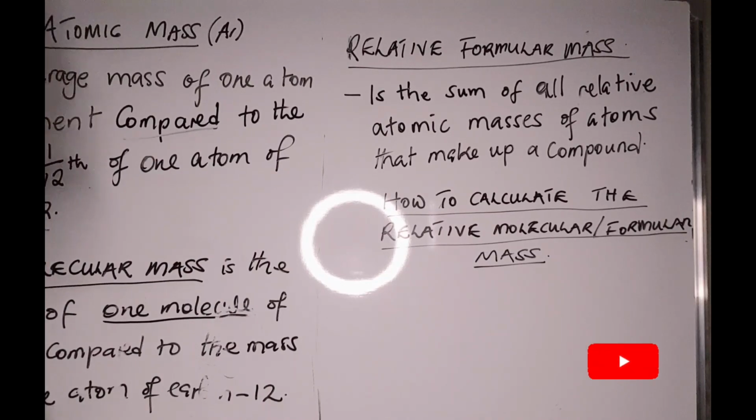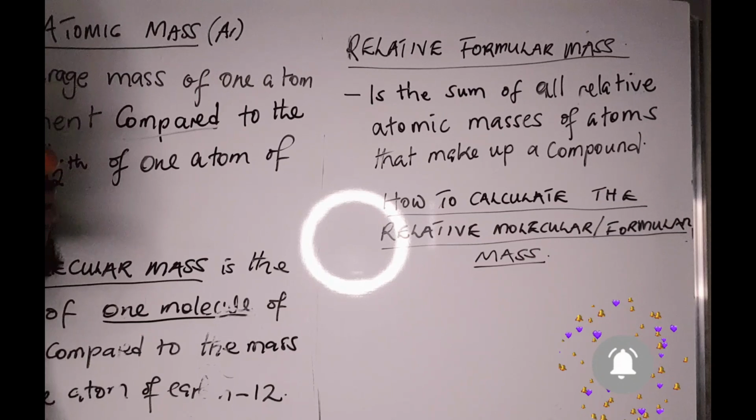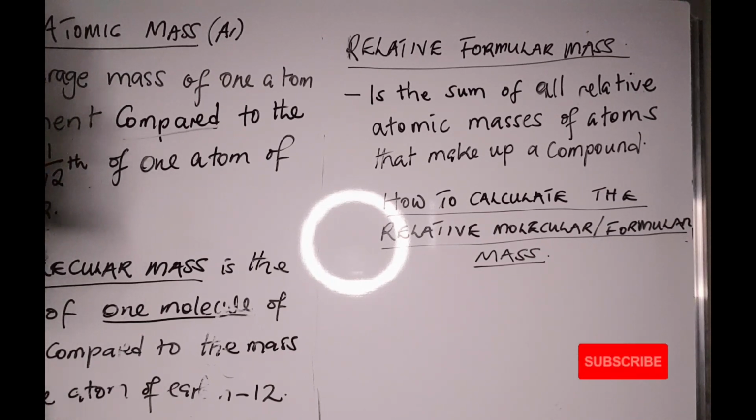We look at the third type of the relative mass, which is the relative formula mass. The relative formula mass is the sum of all relative atomic masses of atoms that make up a compound.